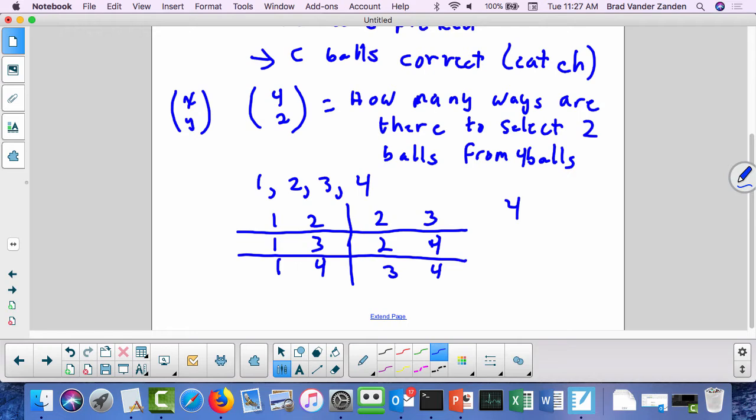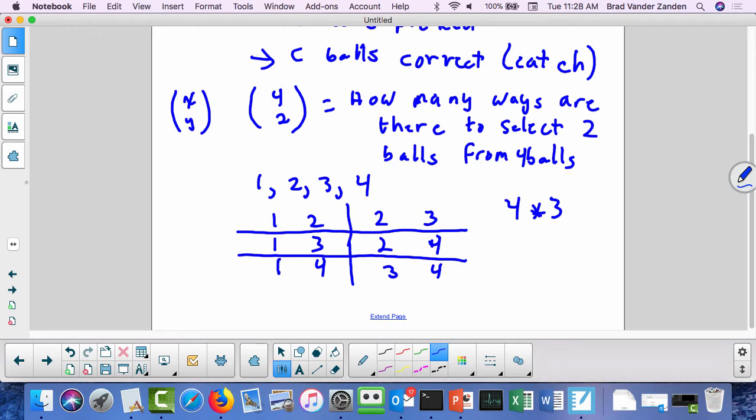So there are actually 12 different ways that you can choose the balls. 4 ways for the first choice and 3 ways for the second choice. Okay, so that comes to 12, and I just showed you 6. Does anyone know why? So there's 12 ways to choose the balls, yet I said there's only 6 unique combinations.